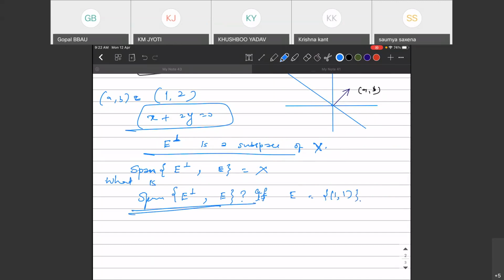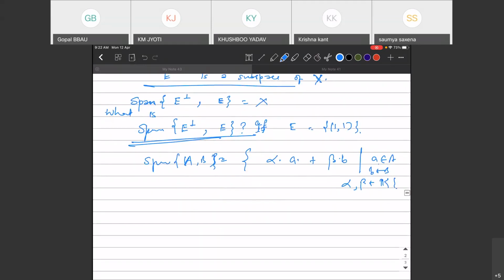So how do you define the span of A comma B? Span of A comma B is nothing but all alpha a plus beta b, where a belongs to A, b belongs to B, alpha, beta belong to K. Okay, so take any element (x, y) in R2.